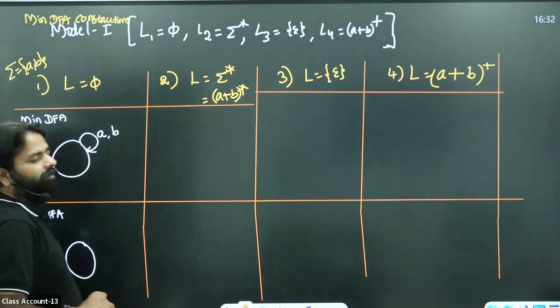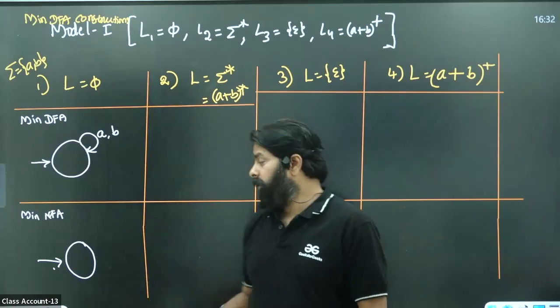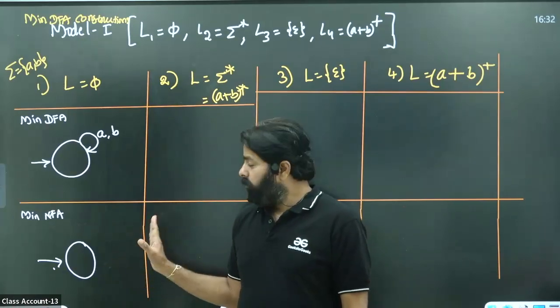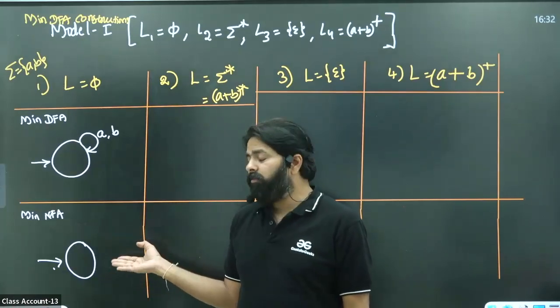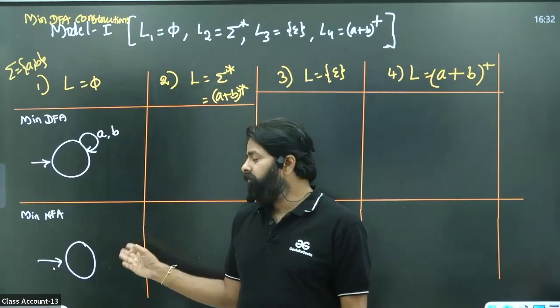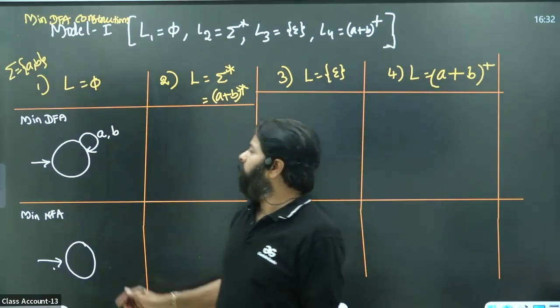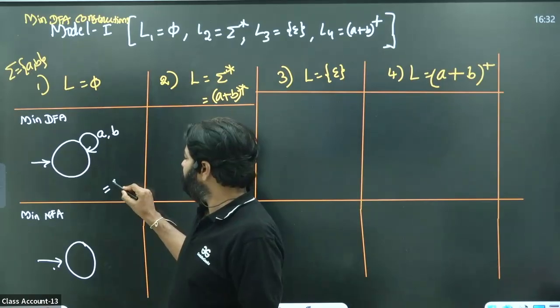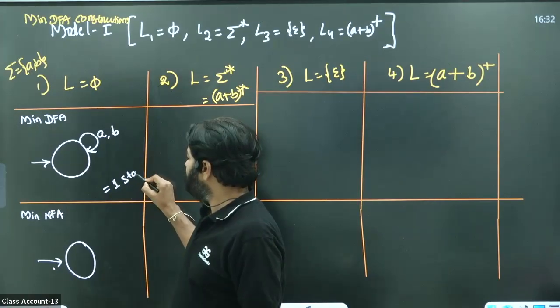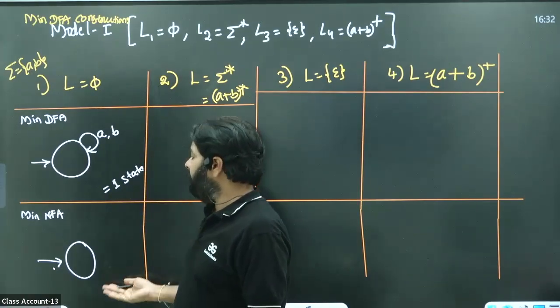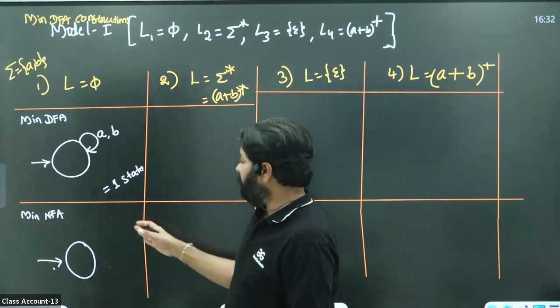You don't need to mention for the invalid strings because invalid strings never halt at final. Only valid strings with at least one path will halt at final. Those strings we wanted. Anyhow, it is one state only. Here also one state, that you can remember it or you can write it here itself.